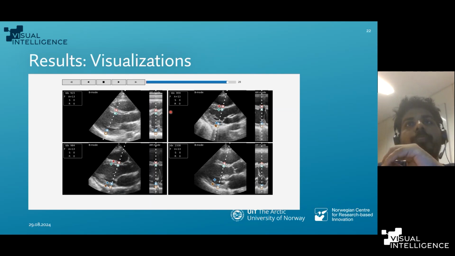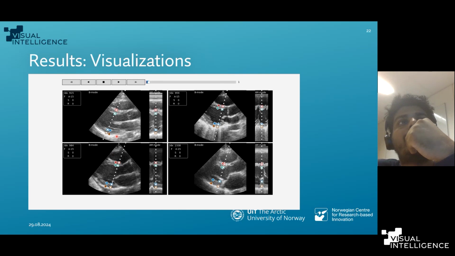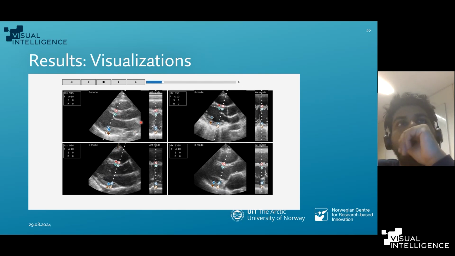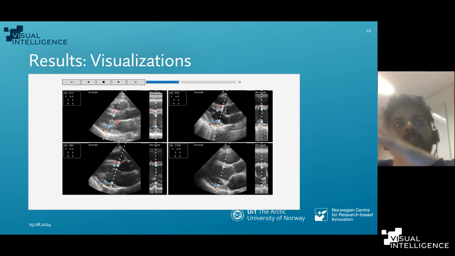But if we want to see how robust the model is to different perturbations of the scan line or even different frames, I am able to show these animations.